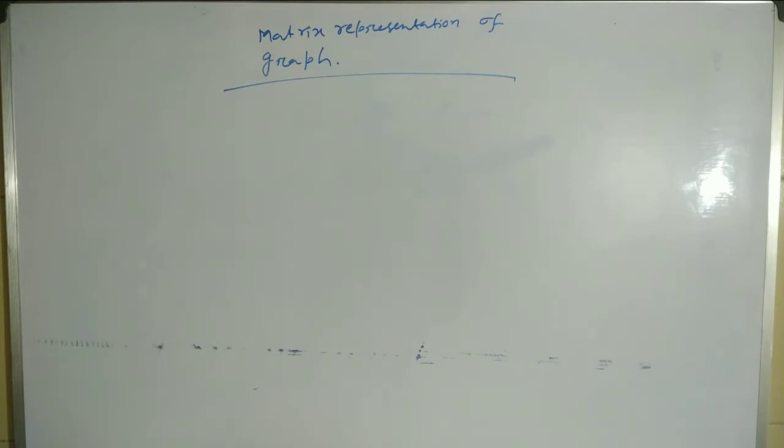So now I will show you how we can represent a graph by a matrix. First, I will discuss the incidence matrix representation of a graph.